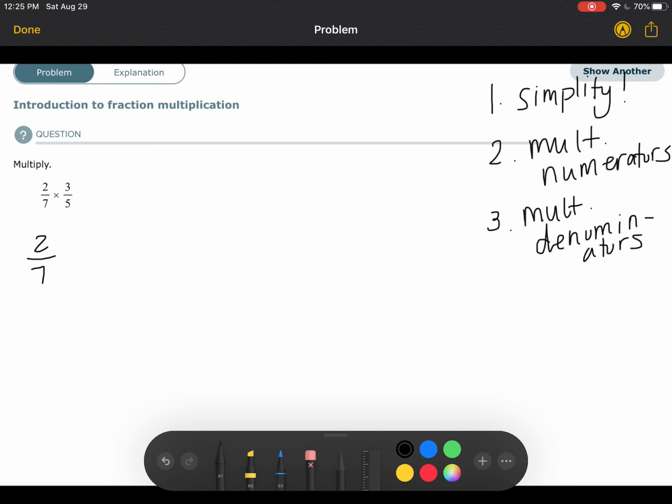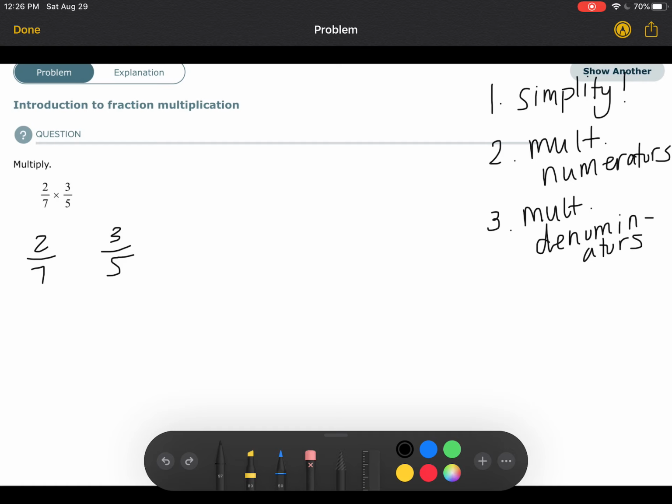Okay, so I have the numbers 2/7 and 3/5. These two numbers by themselves are already simplified as much as possible. 2 and 7 can't go into each other, and 3 and 5 can't go into each other, so I don't need to look at that.